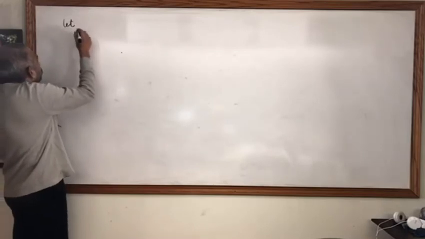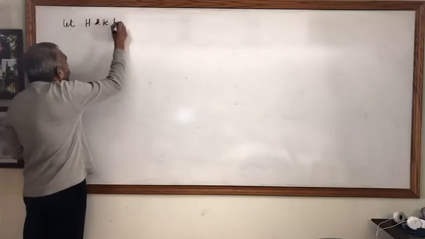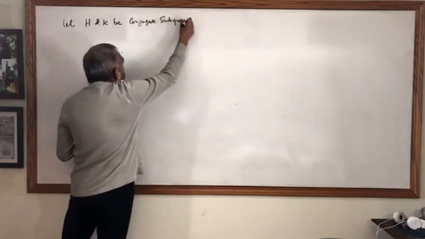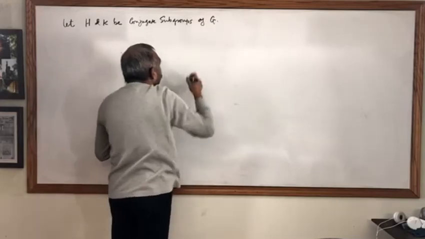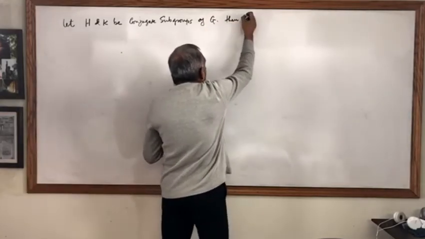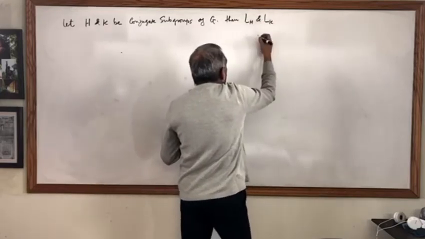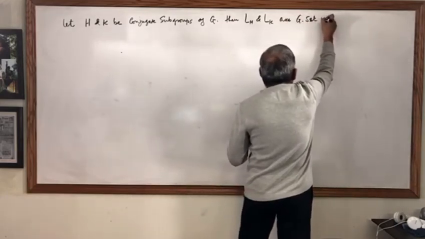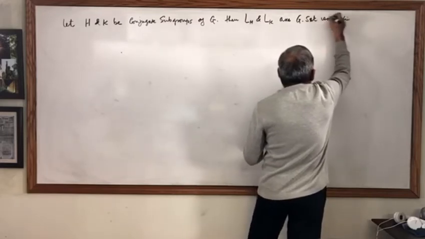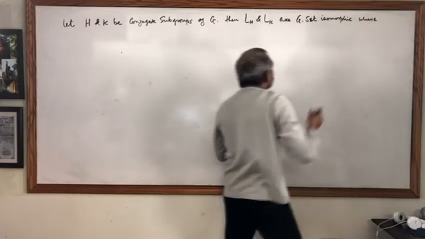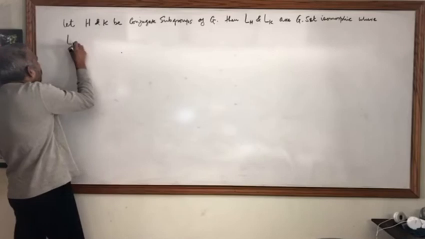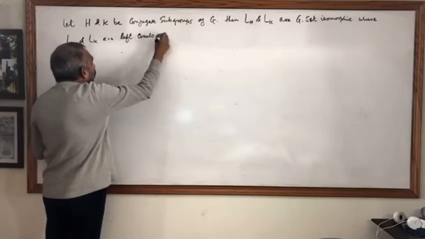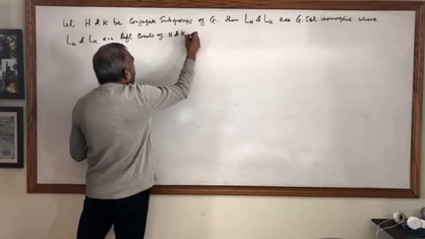So let H and K be conjugate subgroups of G. Then L_H and L_K are G-set isomorphic, where L_H and L_K are the left cosets of H and K in G.